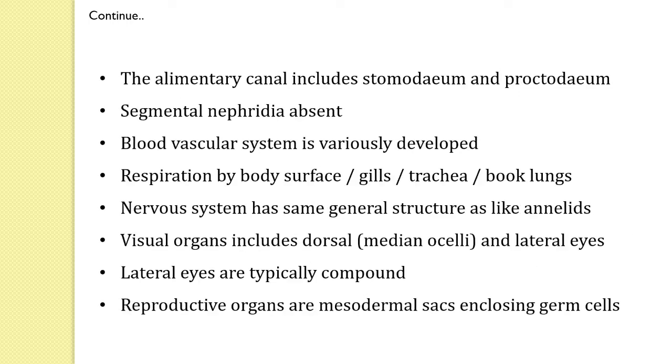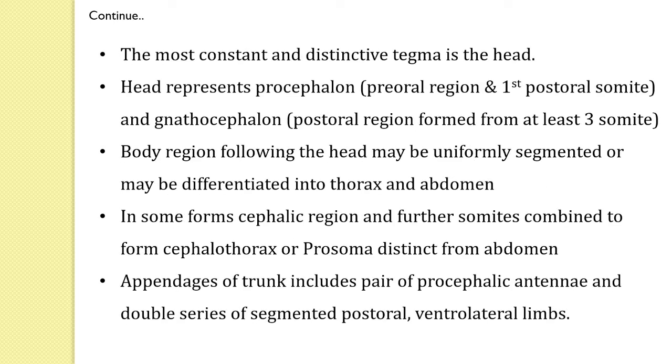The appendages of the trunk include a pair of procephalic antennae, also referred to as antennules among the crustaceans, and a double series of segmented post-oral ventrolateral limbs, potentially a pair on each segment but the last.